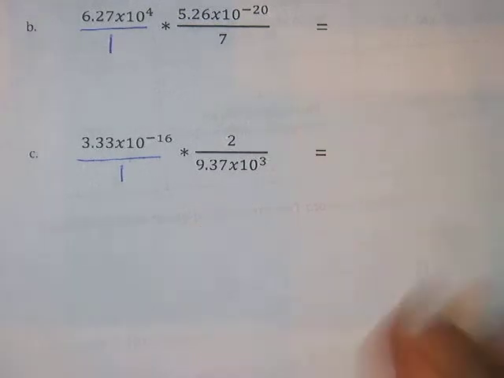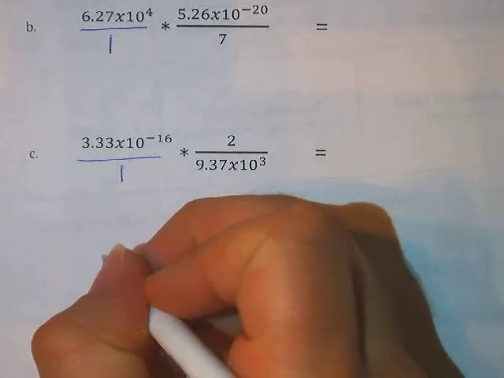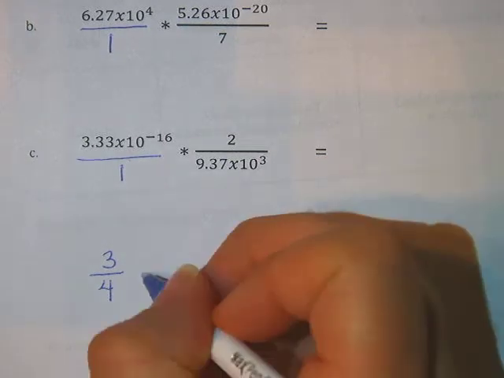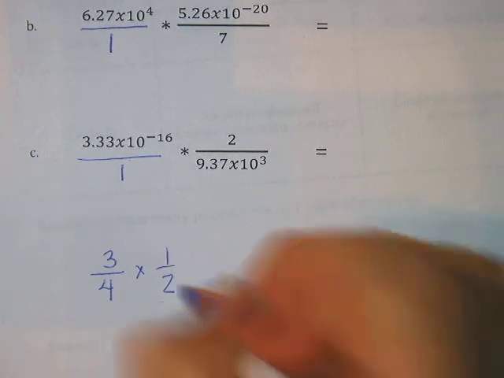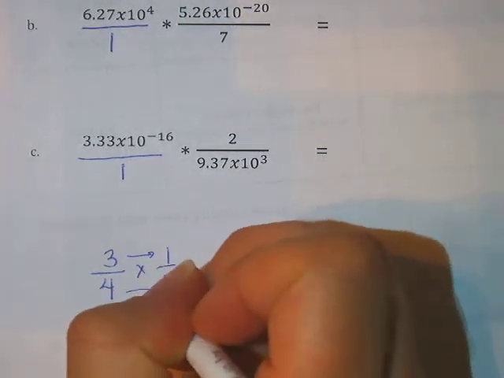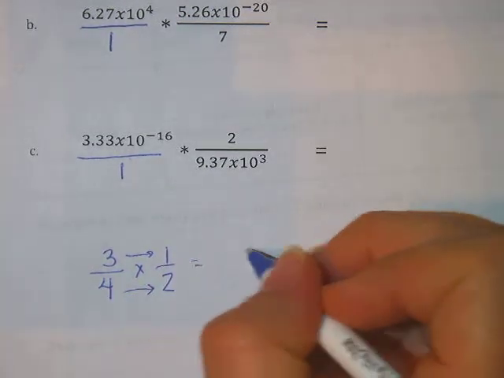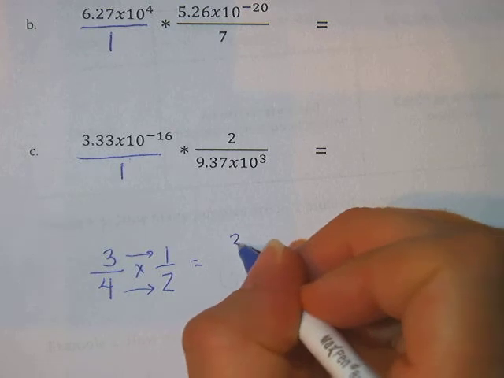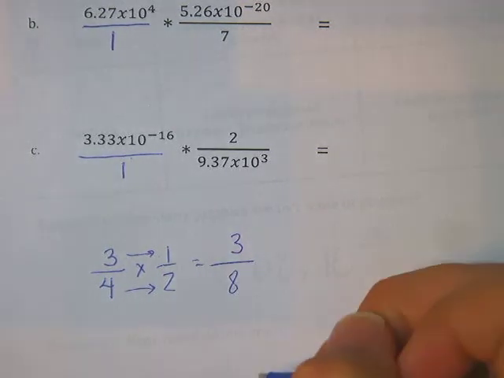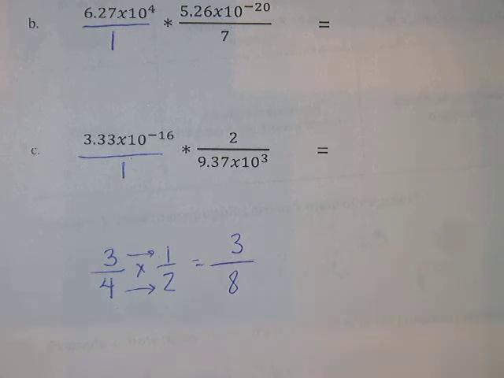Remember, if you're multiplying fractions, this is something you probably did in, I don't know, like 5th grade, 6th grade. Like if you do 3/4 times 1/2, the way you're supposed to multiply that is straight across. 3 times 1 and 4 times 2. Top times top, bottom times bottom. So 3 times 1 is 3, 4 times 2 is 8, and you get 3/8.